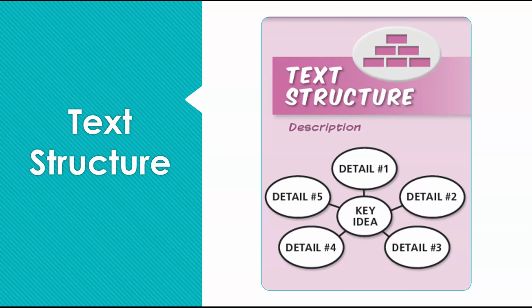Okay, so before we read, another thing that we need to consider is the structure of the text. So we've been talking a lot about text structure and how that can help us understand or make meaning, especially when in advance we can use those text features to help us. So today's text structure is an example of a description. And if you remember, that's where we have one key idea and then multiple details that support that main idea. So that means our work is going to be to figure out what is that key idea.